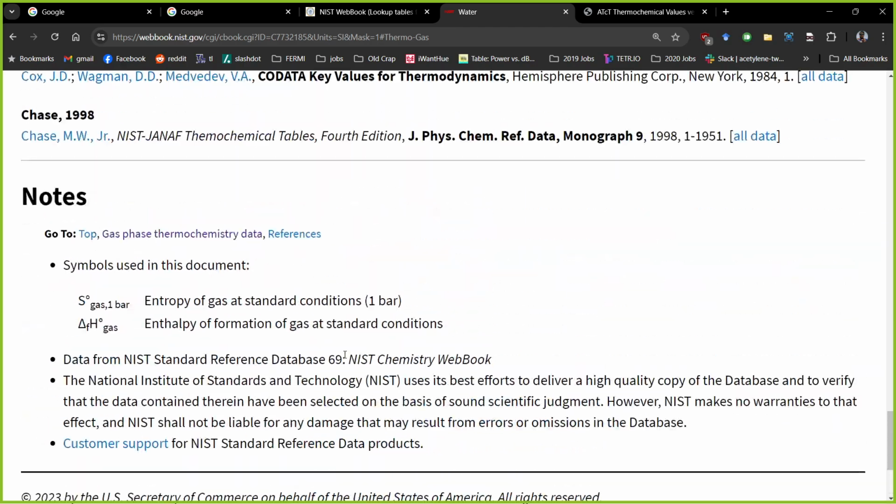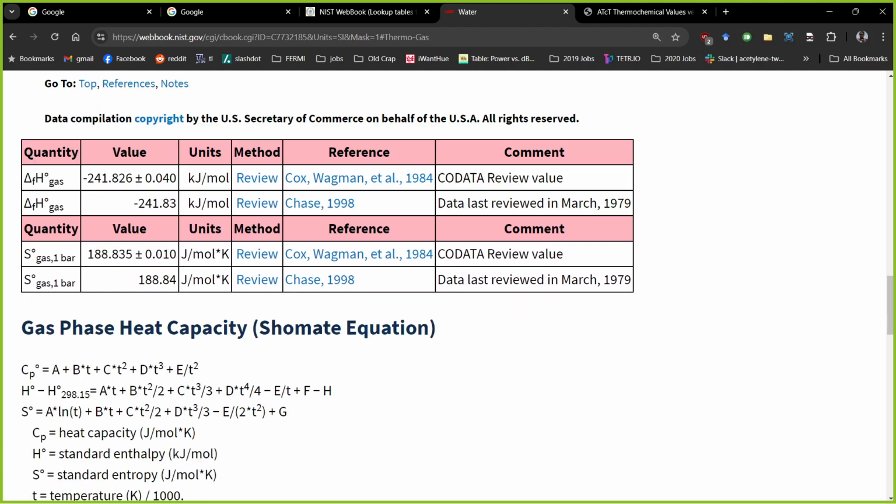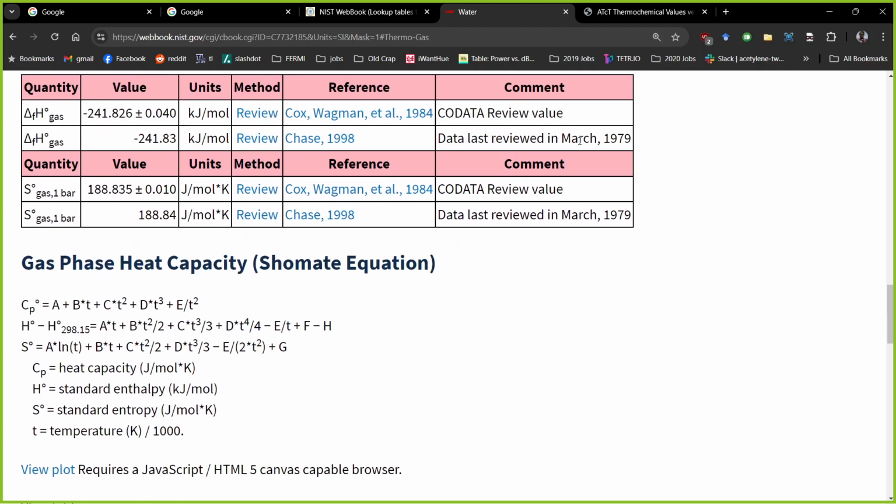It won't let me select it, sorry. We want this enthalpy formula, the second one on the list here.